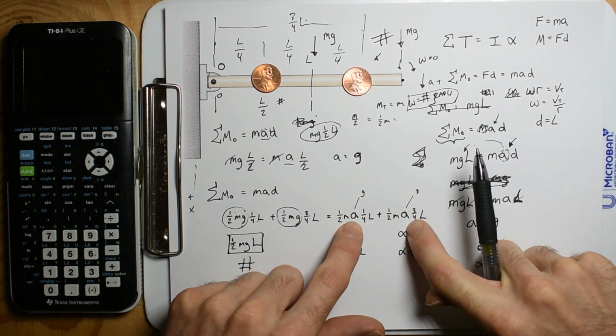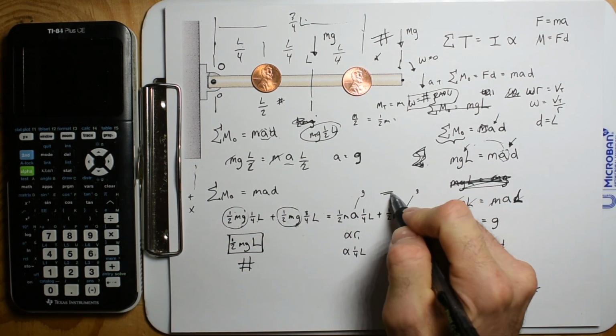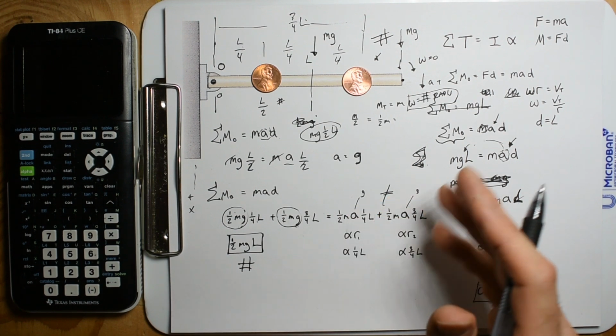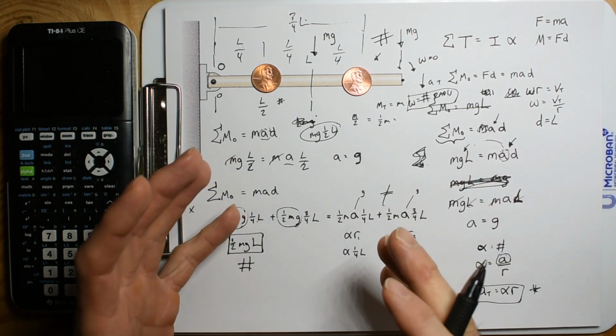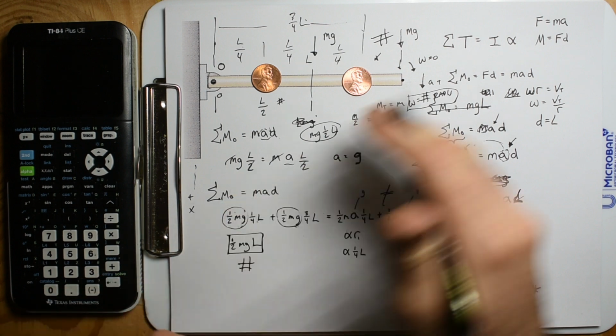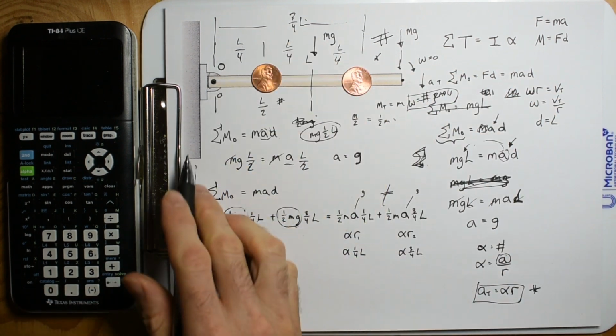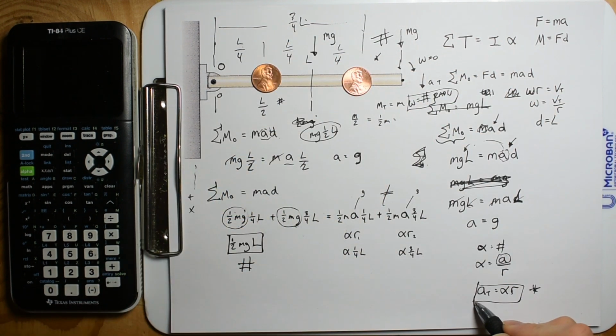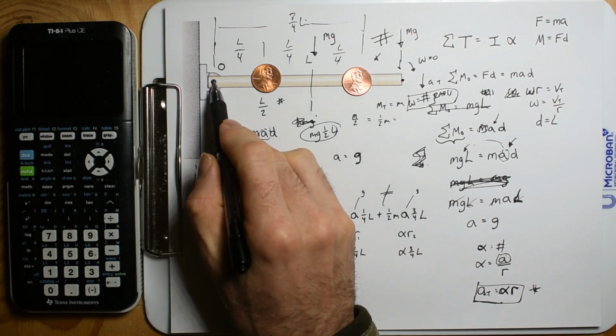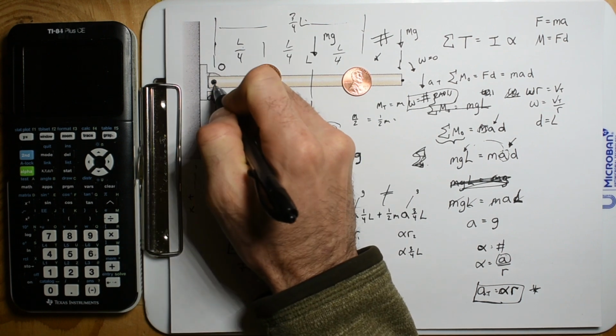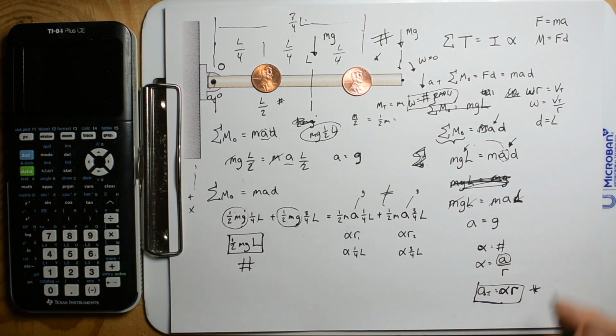But if we have two masses, we know their accelerations are not equal, so we have to figure out how they are different. And they're proportionally different because tangential acceleration is angular acceleration times the radius, whereas the tangential acceleration right there is 0, and here it's going to be max.